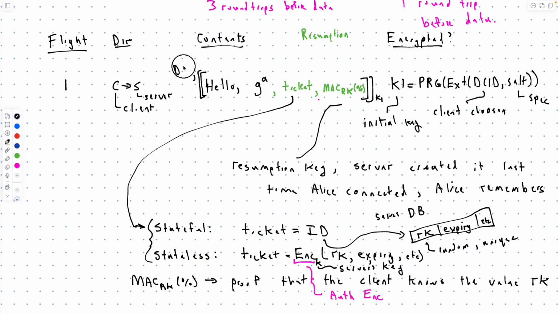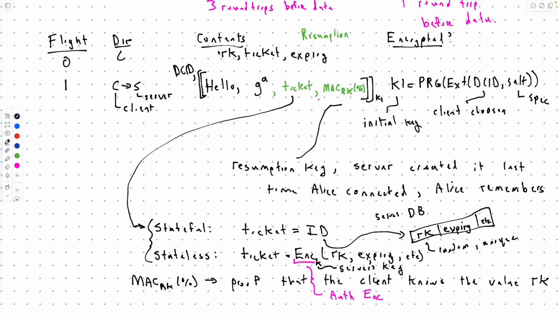All right, so we have the DC ID that goes along there. Okay, I'll call it flight 0. So this is like before we fly, and this is on the client itself. What the client knows is it has a resumption key, it has a ticket, and then it knows whatever else, like the expiry or other stuff that it needs to know to decide whether to use it or not.